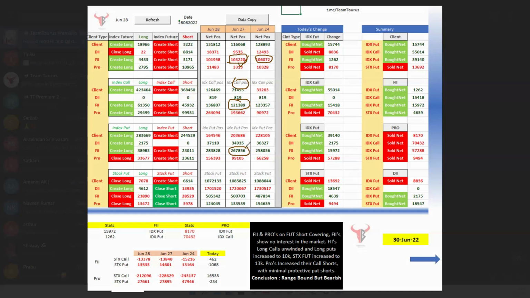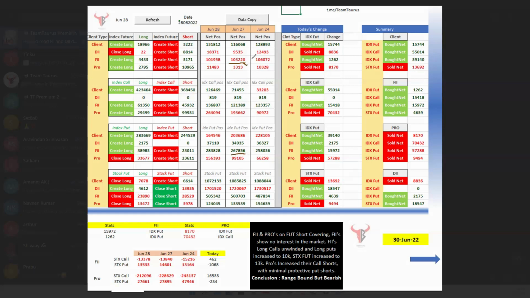So obviously, you will be shown that the majority of the FIIs are buying. But to be honest, what's happening is that they are selling 103K futures and buying 267K puts.